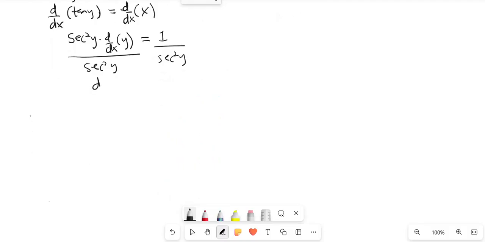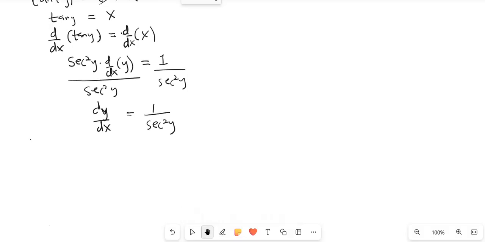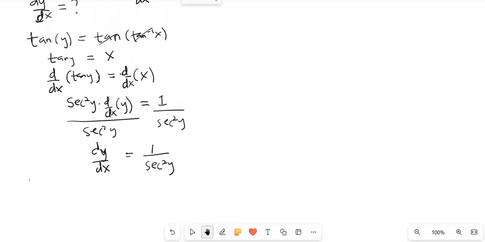So the left hand side is dy/dx. The right hand side is 1 all over secant square y. So what is secant square y in terms of x? We don't know that. We have to evaluate secant square y in terms of x.